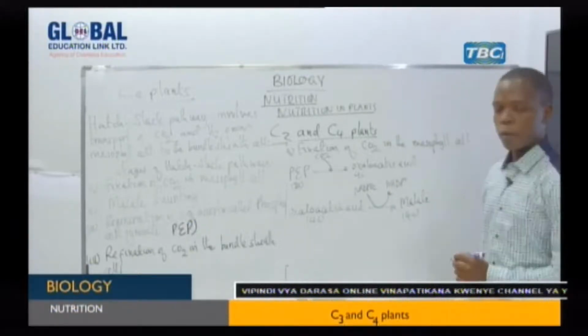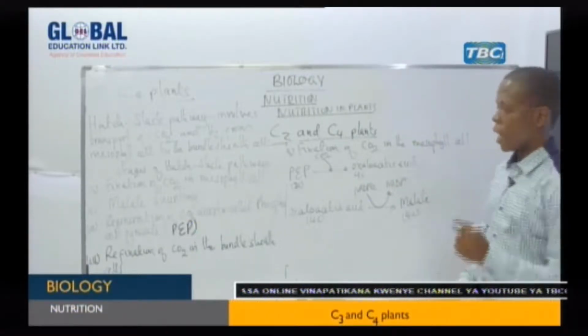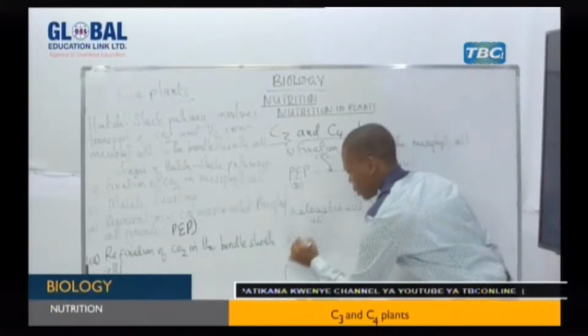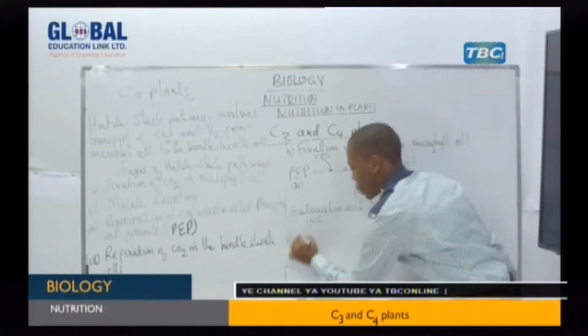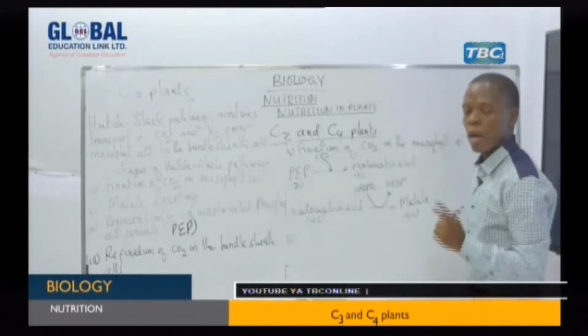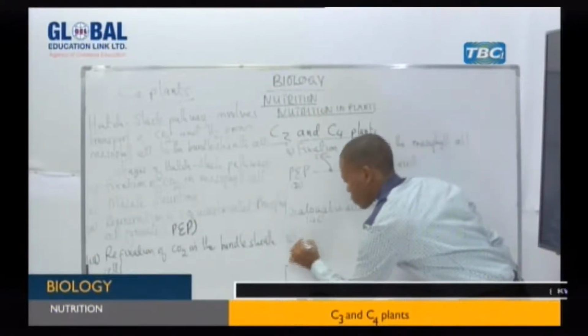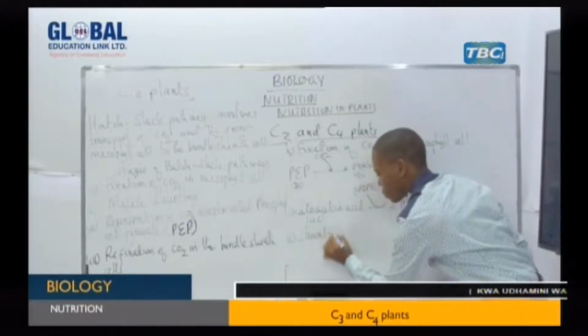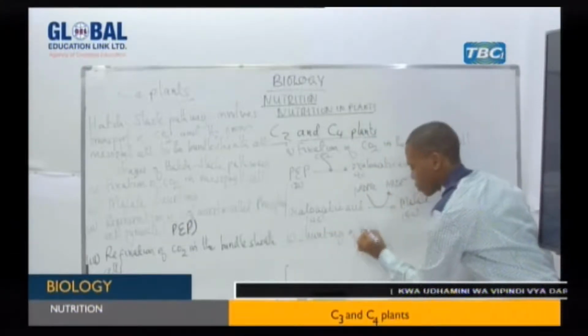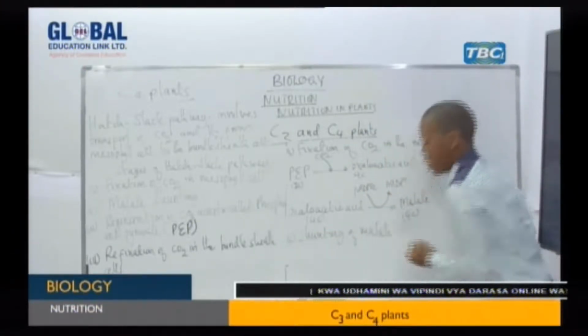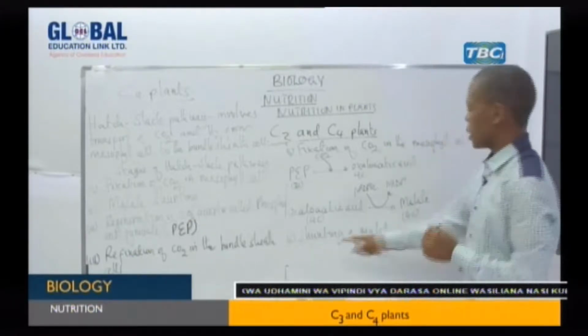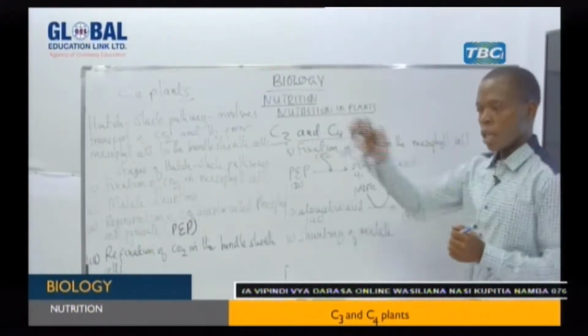After formation of this 4-carbon compound, malate, comes the shunting of malate, or transport of malate, from where? From mesophyll cells to bundle sheath cells. Therefore, what happens here is a transport of malate from one cell into the next.